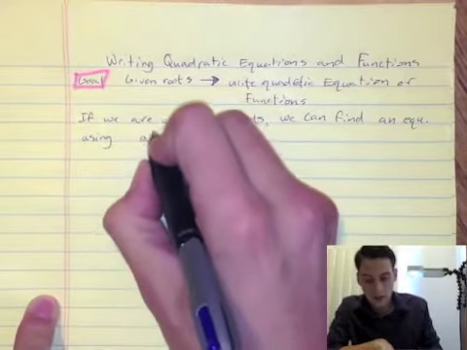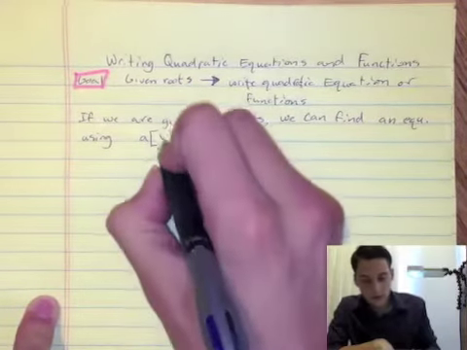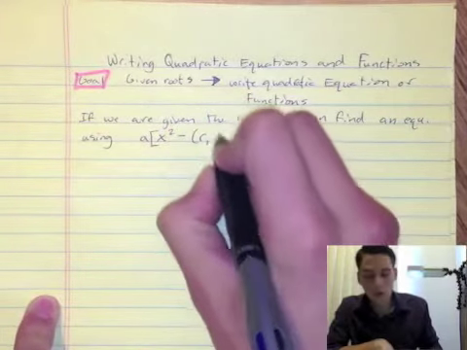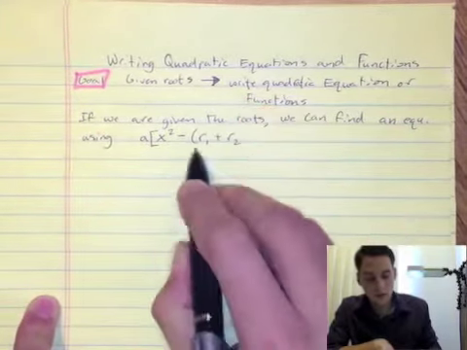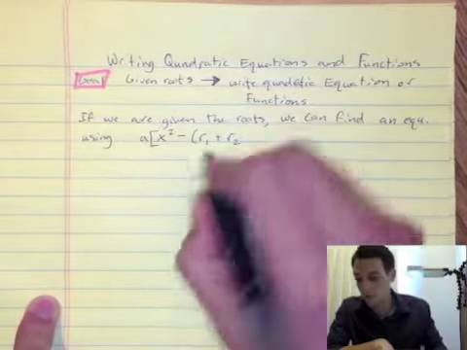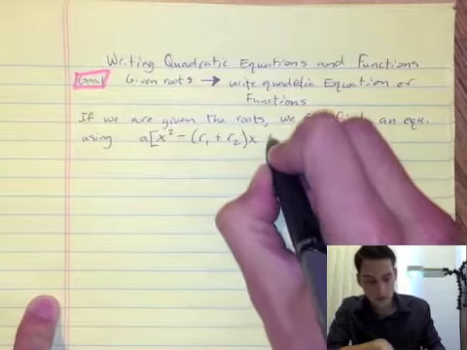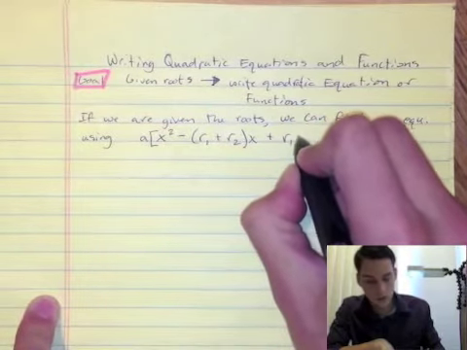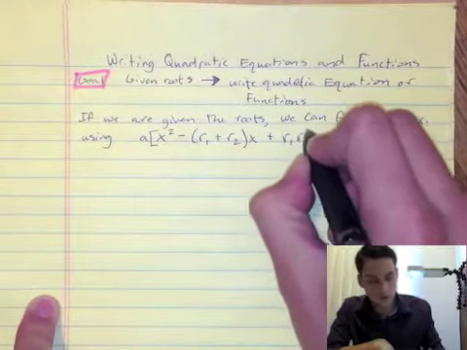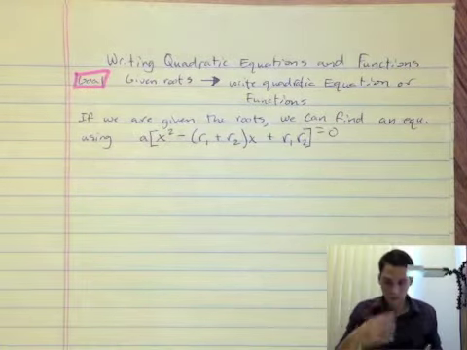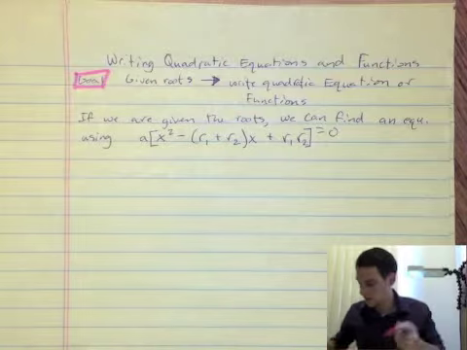It'll be a times bracket x squared minus r1 plus r2, these will be the roots, the first root and the second root, times x plus r1 times r2 equals 0.